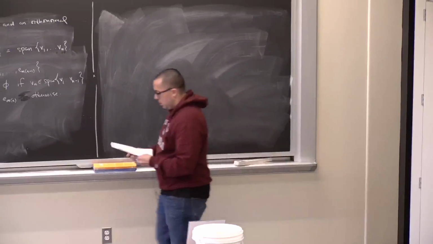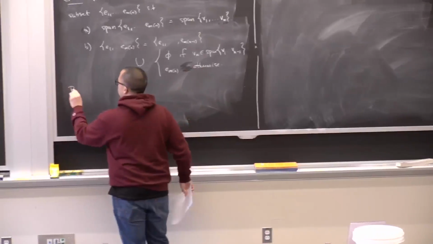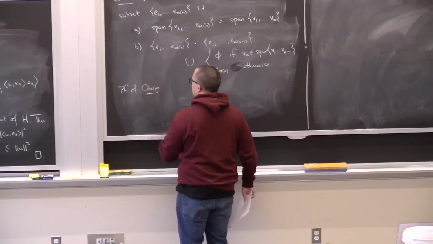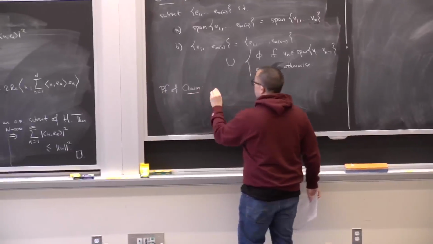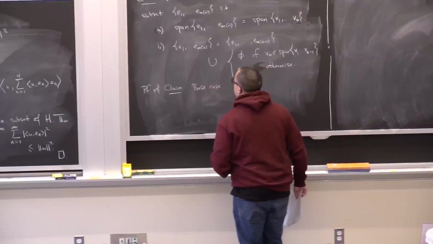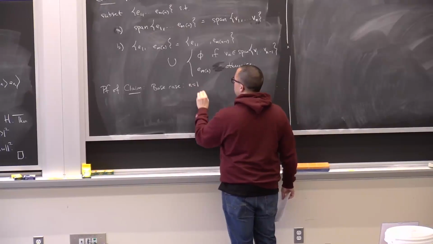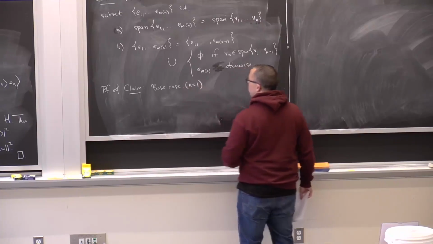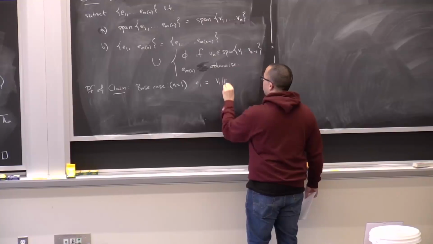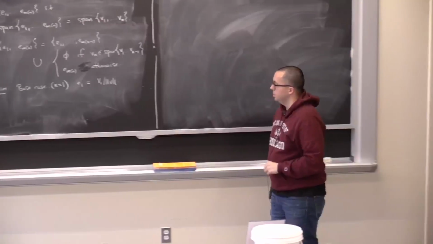Okay, so to prove this by induction, proof of claim. Let's do the base case, n equals 1. We take E1 to be V1 over the length of V1.